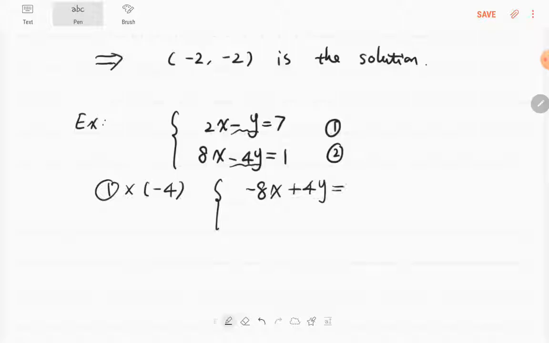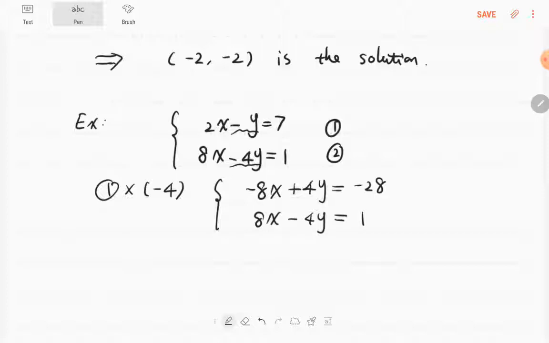Then -y times -4, we will get +4y. But don't forget the right side, you also need to do the same thing. Okay? So -4 times 7, we will get -28. So we have this new equation. We copy down the second equation.